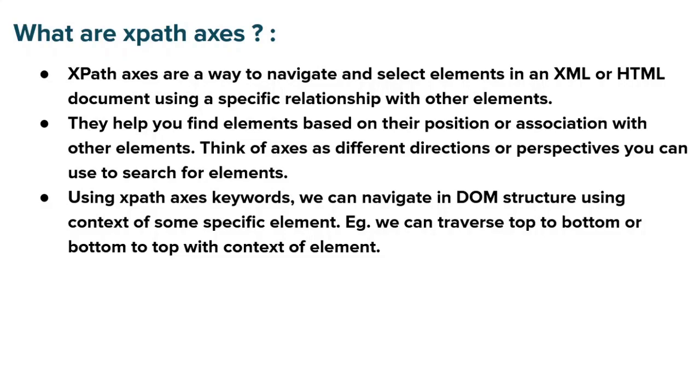They help you find elements based on their position or association with other elements. Think of axes as different directions or perspectives we can use to search for elements. By using XPath axes, we can navigate through the DOM structure using the context of another element. We can traverse from top to bottom by using the context of that element.